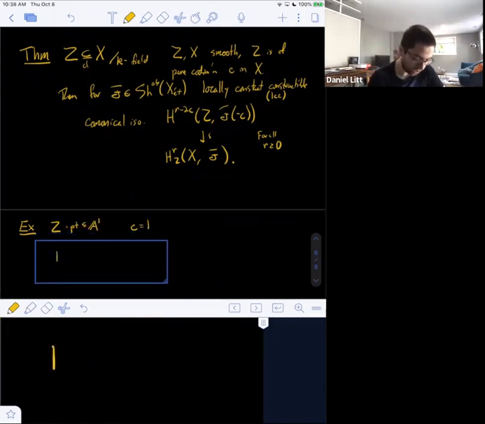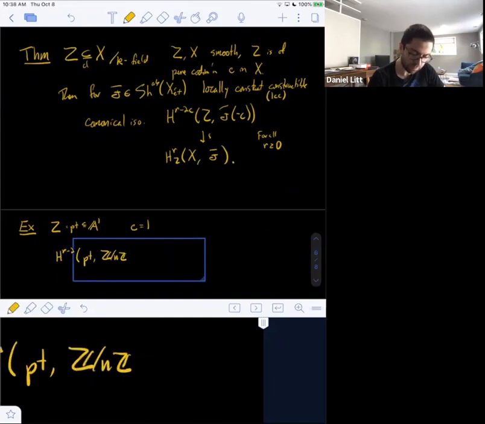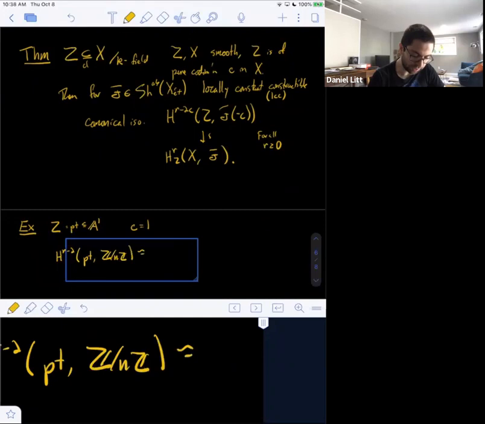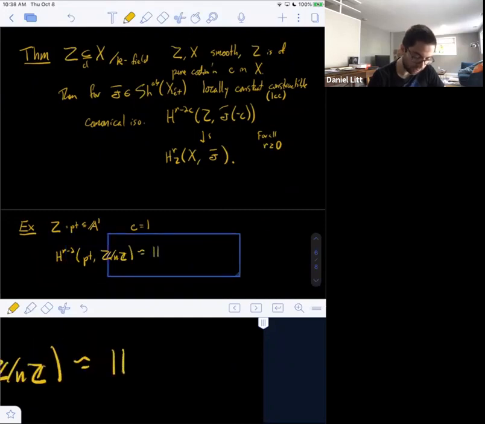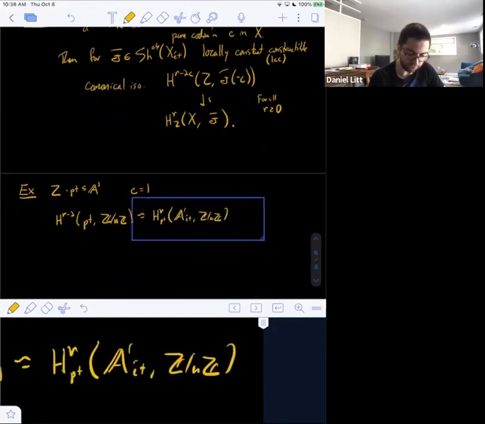So we get H^(r-2c), that's H^(r-2) of the point with coefficients in, let's just say, Z mod nZ, is isomorphic to H^r supported at the point, of A1 with coefficients in Z mod nZ. Okay, so that tells us what this is.